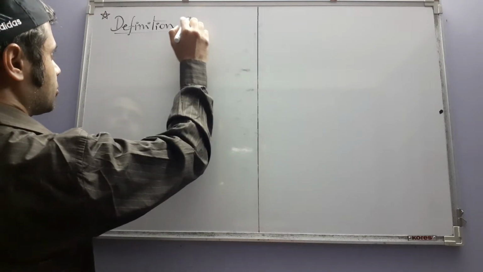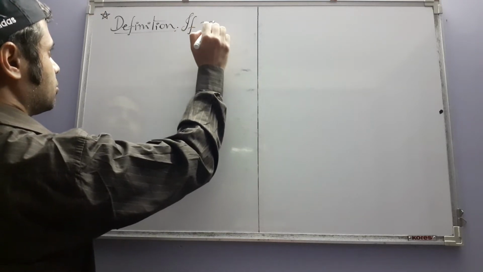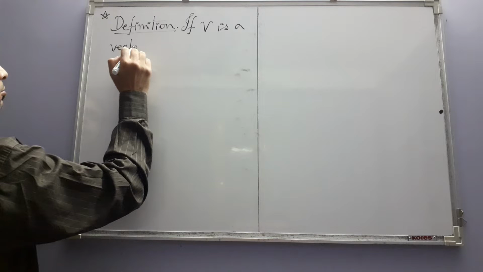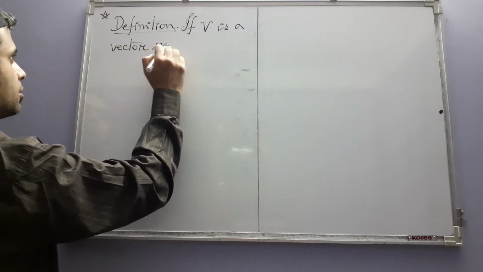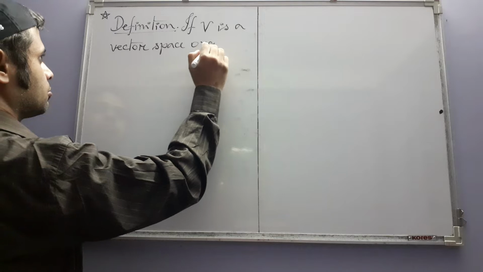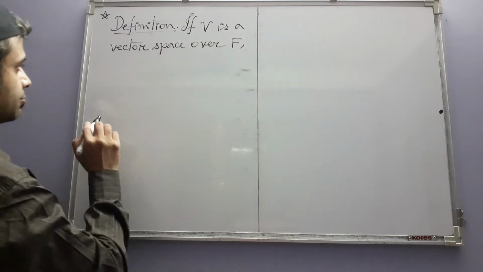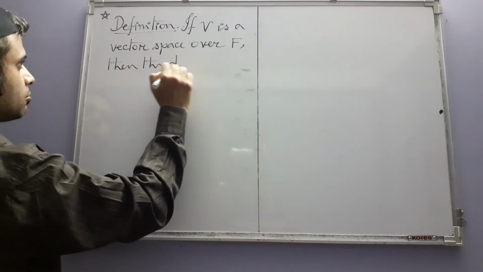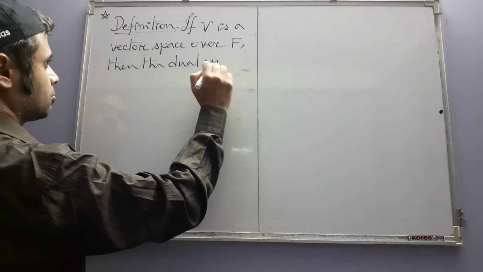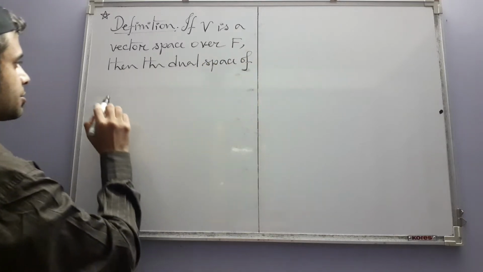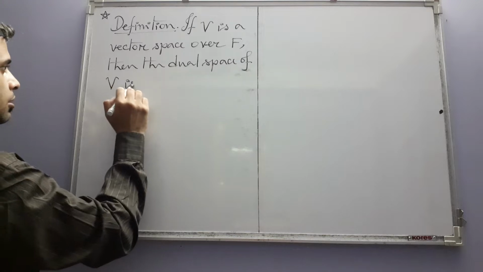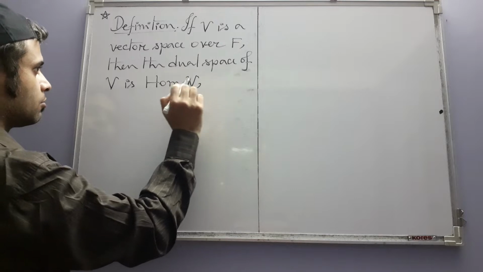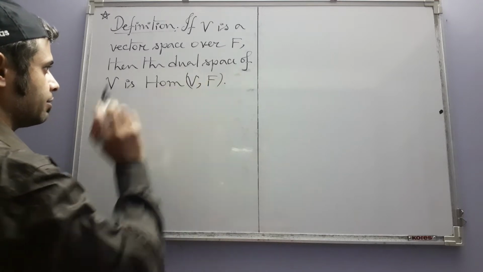Definition: if V is a vector space over some field F, then the dual space of V is this space, Hom(V, F).